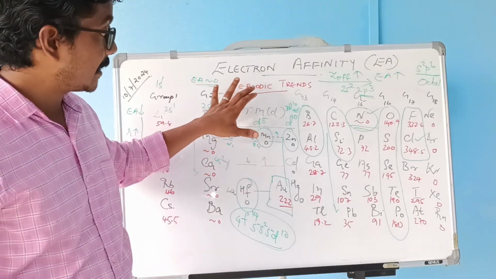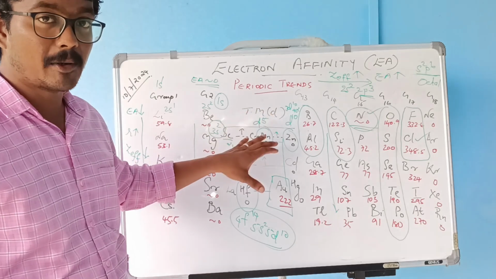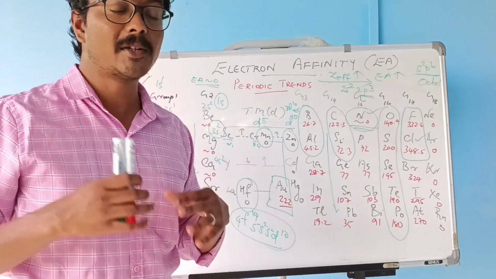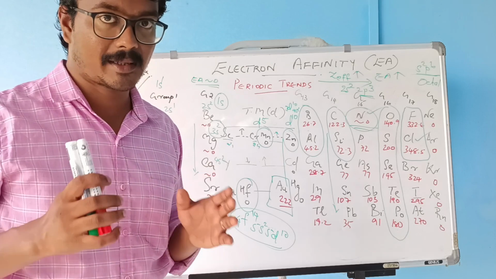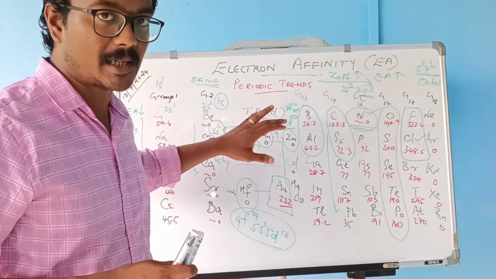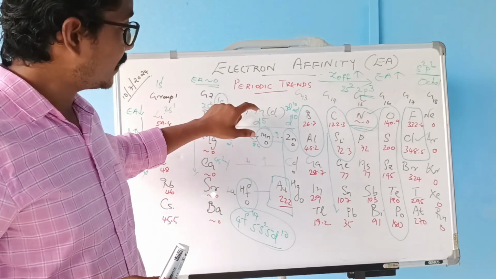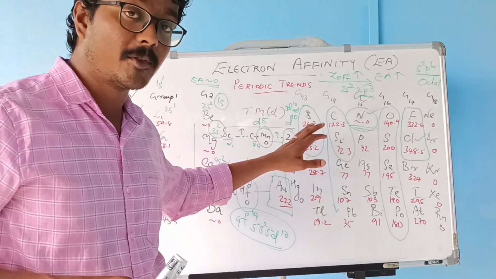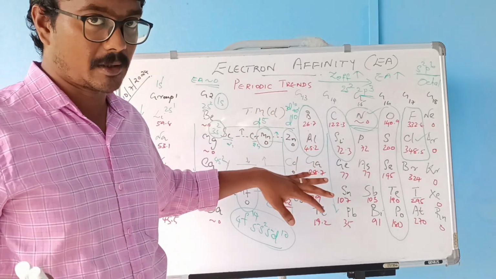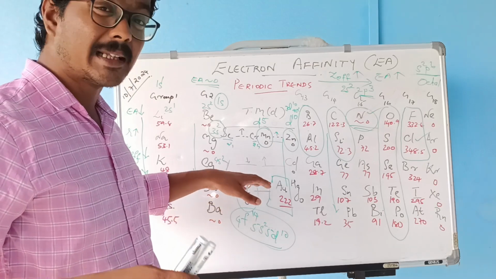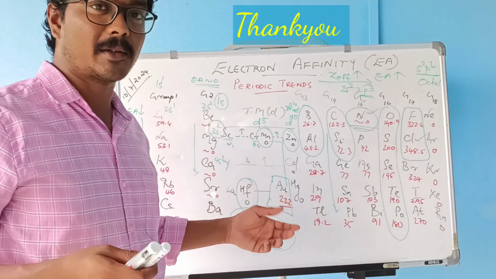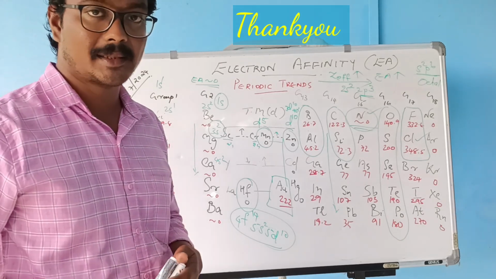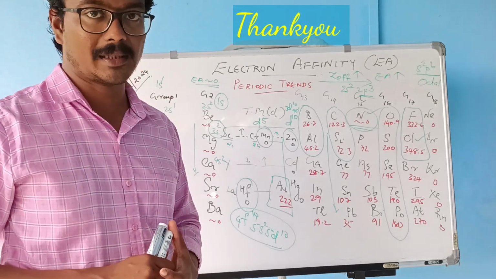In the transition metals, the d block elements are unusual; we cannot predict the exact trend of electron affinity, because elements with half-filled and fully filled configurations show zero affinity, and the periodic trend of electron affinity is irregular. For lanthanides and actinides, electron affinity is so far not determined.